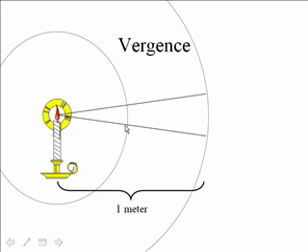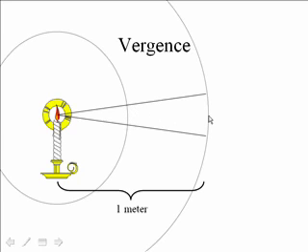The vergence over here, let's say that this point is half of a meter, is going to be 2, the absolute value of the vergence, because 2 tells us that the rays of light converge half a meter. 1 over 2 is equal to 1/2, so we're half of a meter from where the rays of light converge.